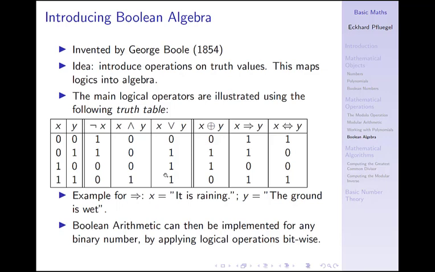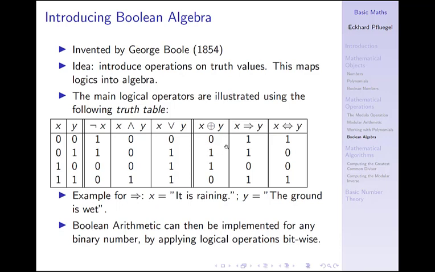So when we in day-to-day life say OR, we typically mean the inclusive OR. But sometimes it might be useful to exclude it, in which case you get these values here. So the exclusive OR will only return a true if there's exactly one input that is true and the other one is false.